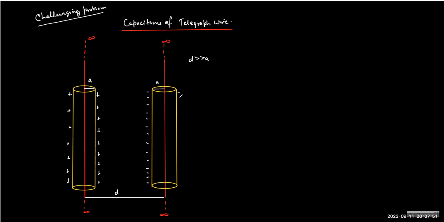And you can assume lambda as the linear charge density because the charge is infinite. Now, assuming the same basic tactics, can you find the delta V? As a thumb rule, the limit of integration will go from a to d minus a. We only go from here to here.